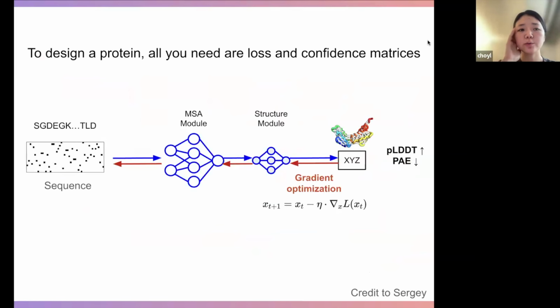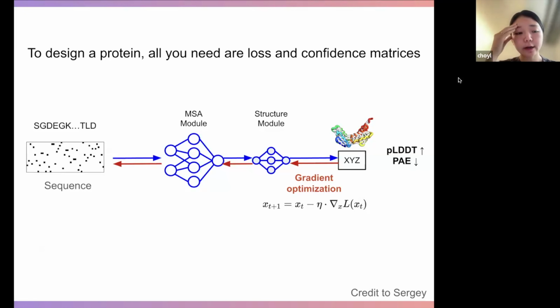They thought that to design a protein, all you need is a loss and the confidence metrics. To design a protein, we need good intercontact and intracontact within the protein, and we also want our designs to have high confidence scores. So we want to design a sequence that can optimize and satisfy those scores and contact information.